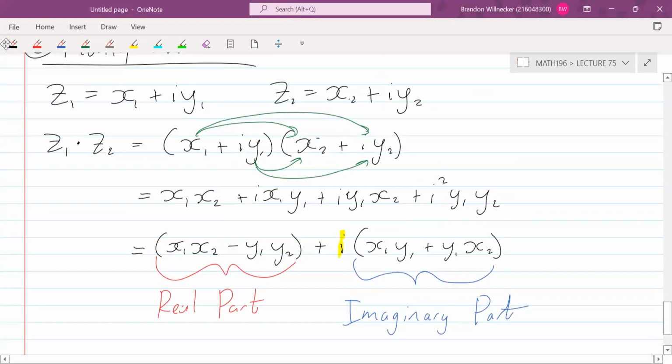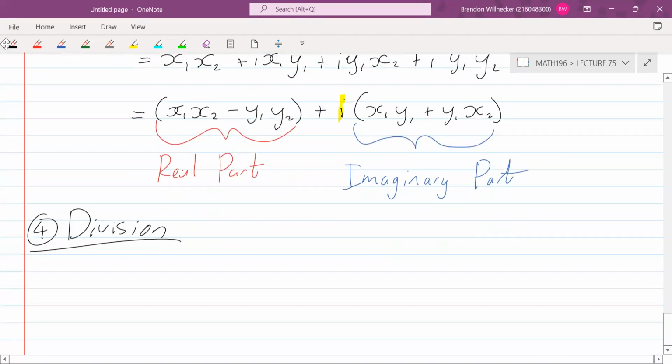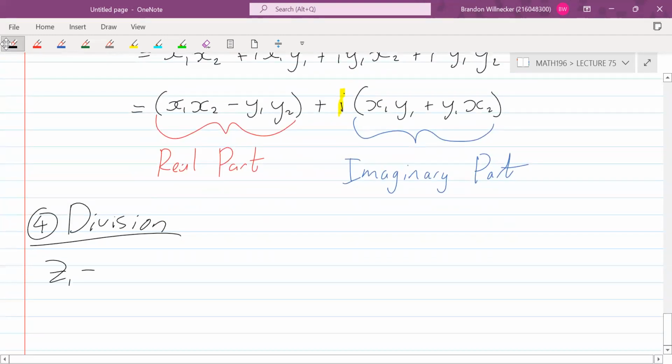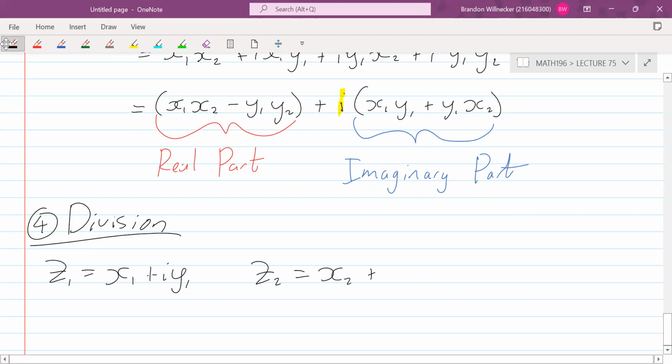Okay, so that's the last arithmetic operation, division. So we have again z1 is going to be x1 plus i y1. z2 is going to be x2 plus i y2.